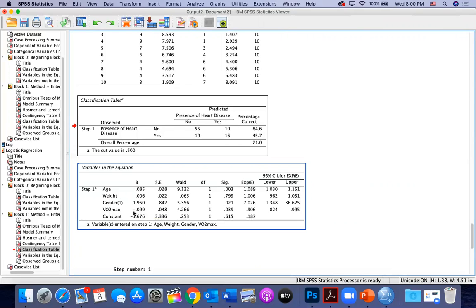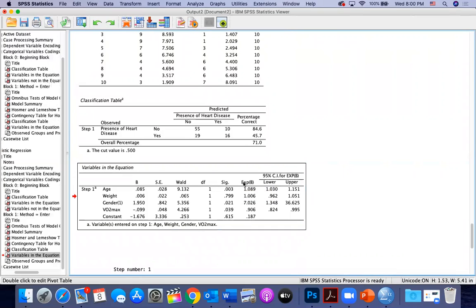We can also use this exponential beta value. So, for example, let's say that female is the reference group.